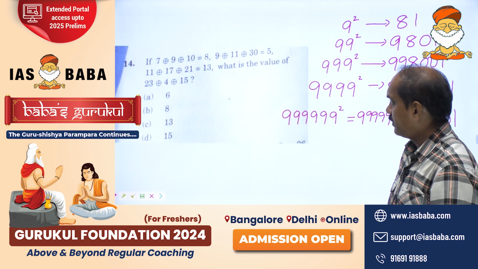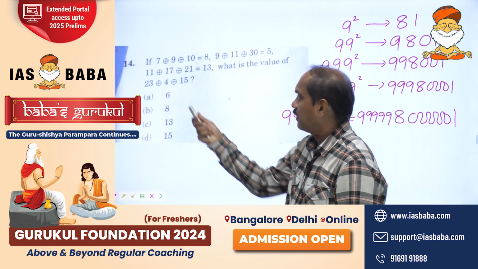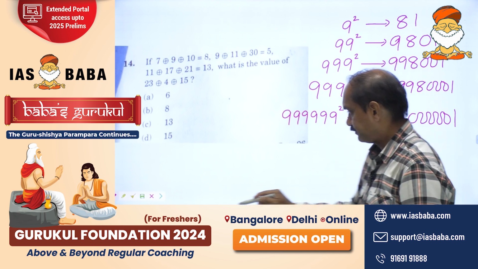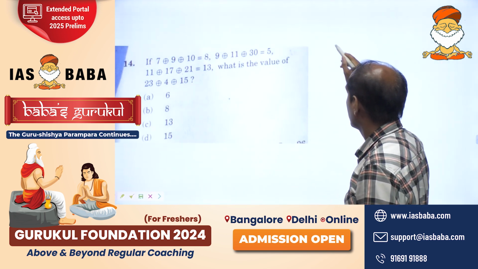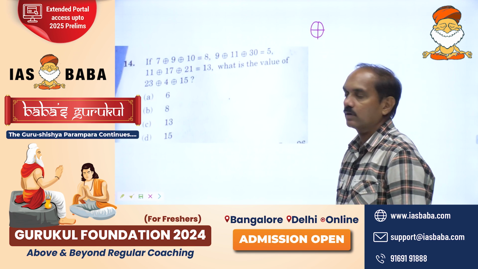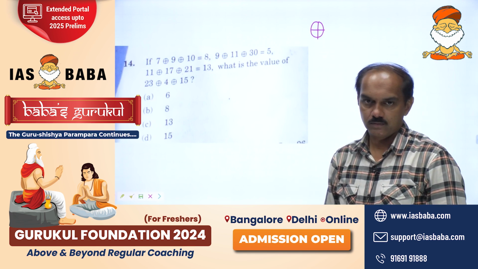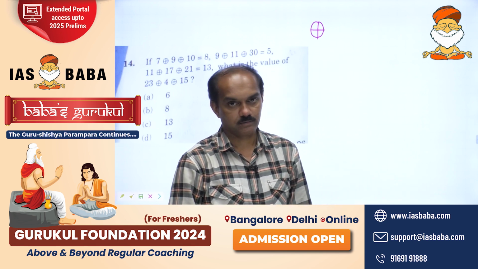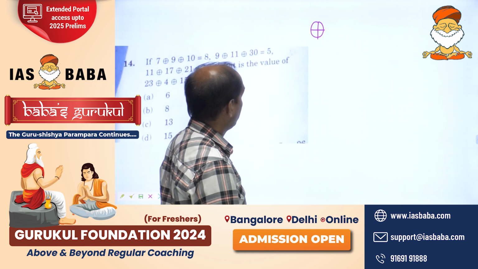This is the problem on missing numbers. You can say this particular sign is used to say some particular operation. Which operation?